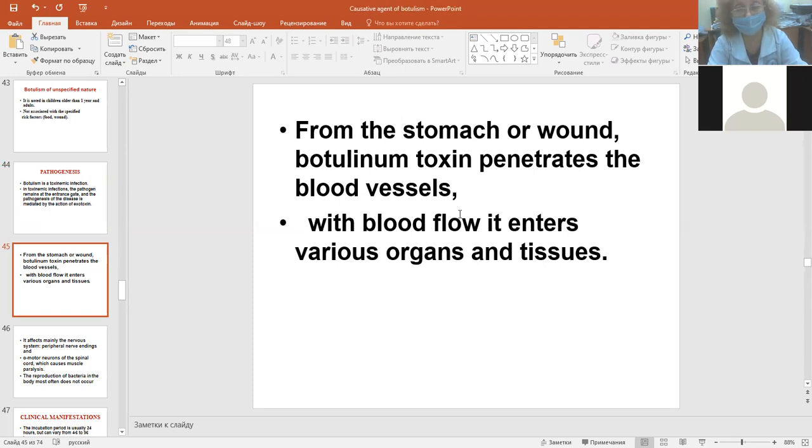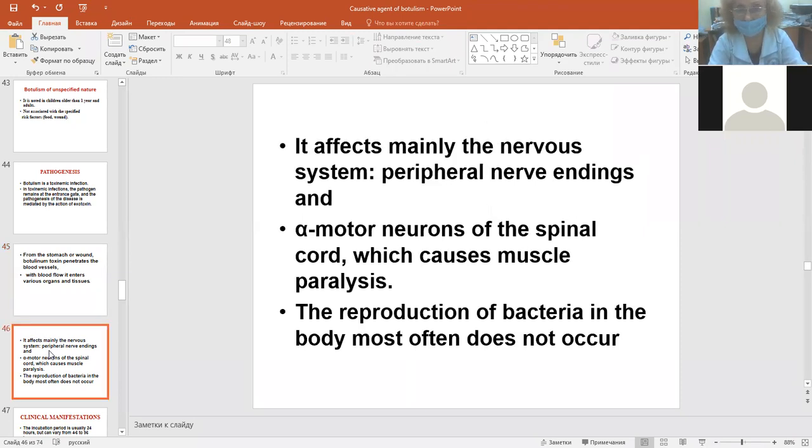I'm going to remind you, it's not enterotoxin, in spite of the fact that very often it goes through the digestive tract. It doesn't act on the digestive tract. It is a neurotoxin. So it affects mainly the nervous system.